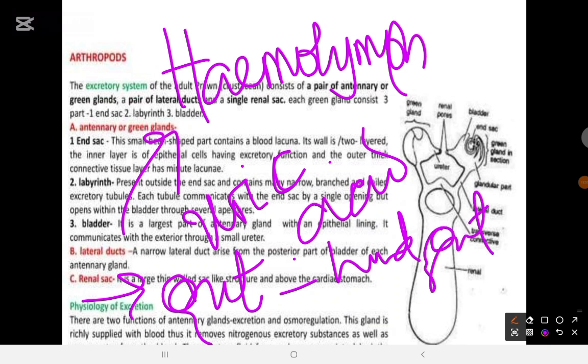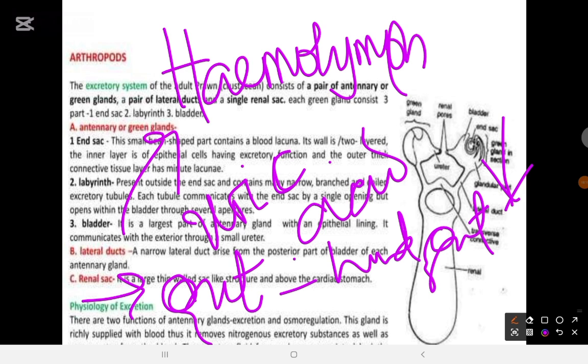From the hindgut, they get mixed with undigested food, and then they are pushed out of the anus of the organism.